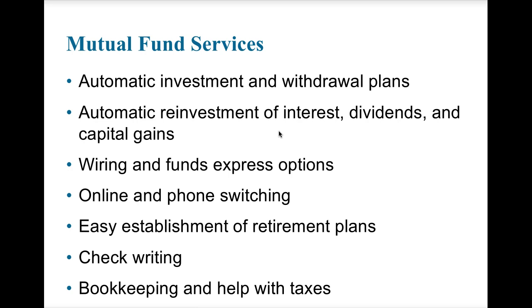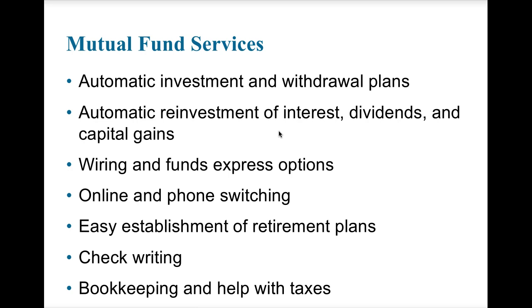And a lot of brokerages operate their own family of mutual funds. So if you get a Fidelity or a Charles Schwab, they're going to have their own family of mutual funds that are combined with their brokerage accounts. If you have a brokerage account with Fidelity or Charles Schwab, you can put your money in their mutual funds and have all the additional services of a brokerage as well as a mutual fund, and pretty much anything the bank can do, these funds will be able to do as well.